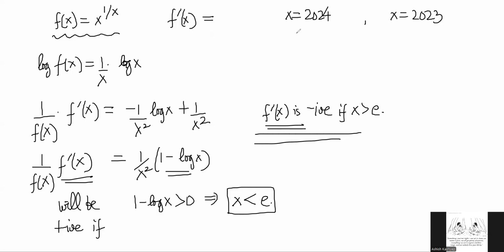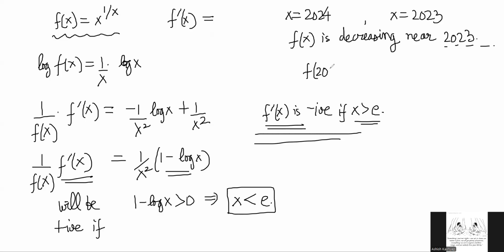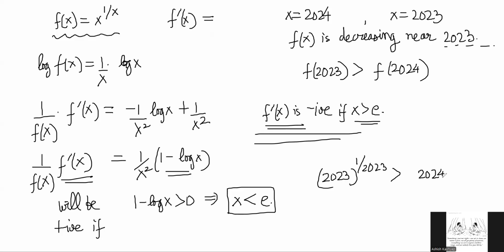That means f(x) is a decreasing function in that region. f(x) is decreasing near 2023, right? Because it is much greater than e. So therefore, I know that f(2023) will be bigger than f(2024). That means 2023 to the power 1 by 2023 is greater than 2024 to the power 1 by 2024.